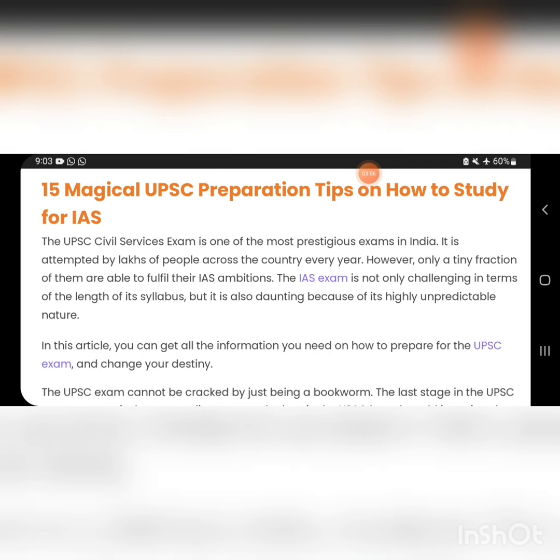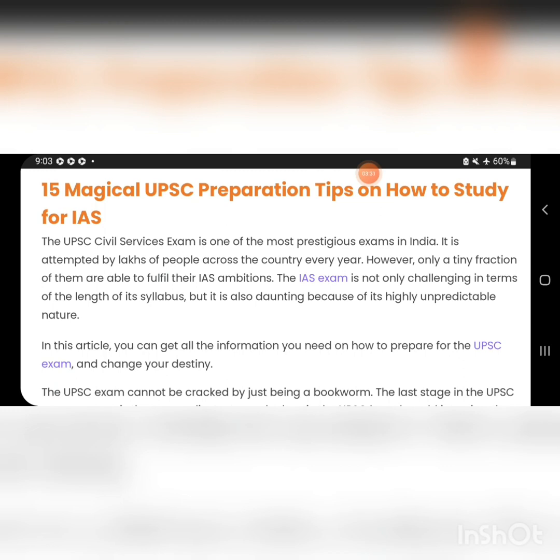Whereas paper 2 tests the candidate's proficiency in comprehension, interpersonal and communication skills, logical reasoning, analytical ability, decision making, and problem solving ability, with some basic numeracy, data interpretation, and general mental ability.